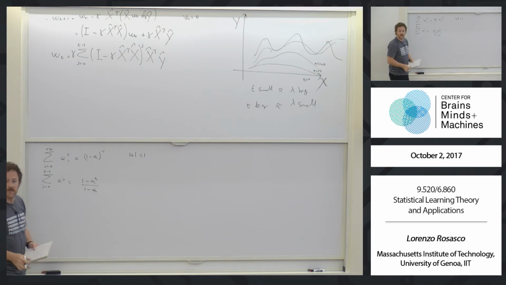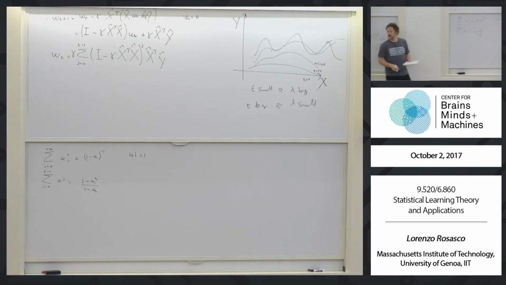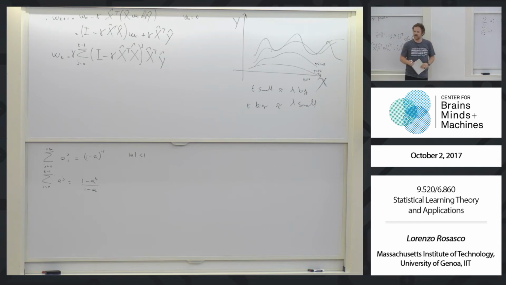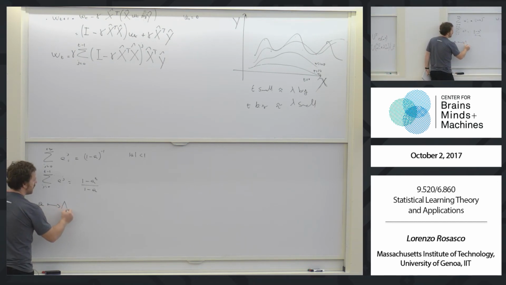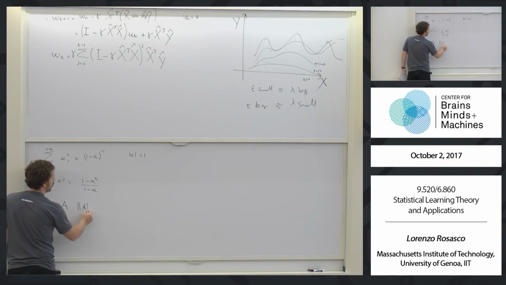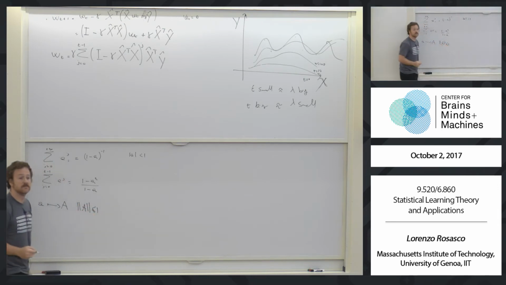This equation holds if instead of a number, you replace the number with a matrix, in our case a symmetric positive definite matrix with norm smaller than 1. So take a and replace it with the matrix A with norm smaller than 1.